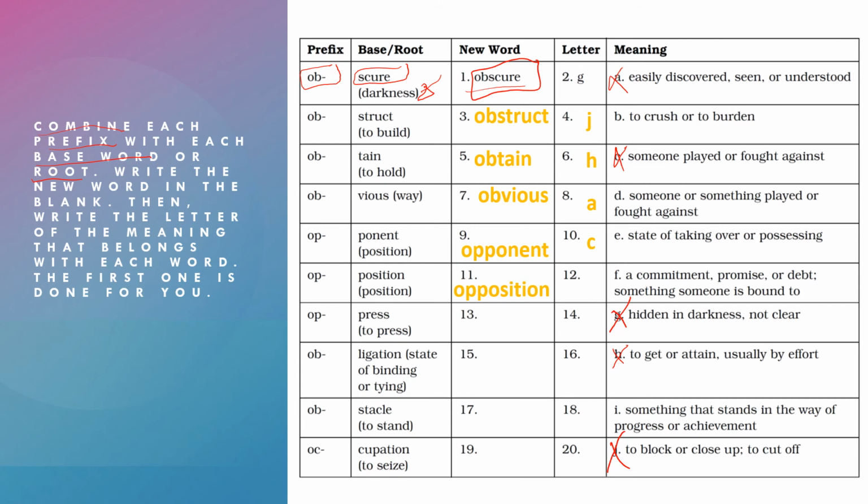So if you put in number 10 the answer D, someone or something played or fought against, or you put C, someone played or fought against, it is the same. We can use them interchangeably. It's totally fine. So I leave from 13 to 19 to do, or otherwise from 14 to 20, which is the same.